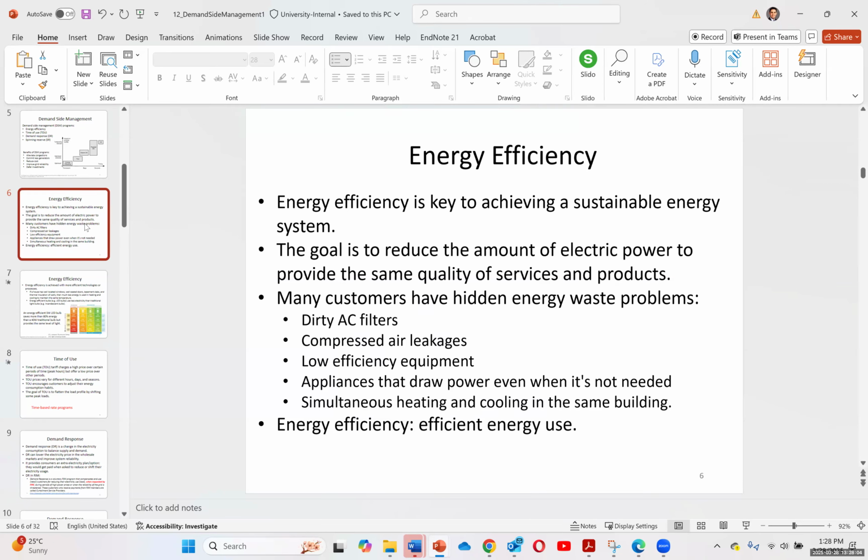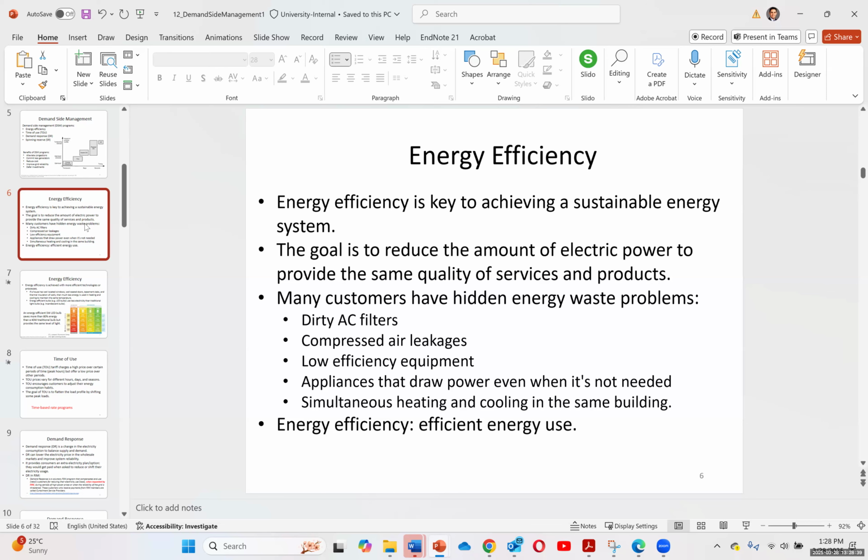The newer generations use brushless DC, which are more efficient. With the rise of heat pumps, the efficiency has increased significantly compared to the older generations, which just use a heating element. There's also compressed air leakage, low efficiency equipment like low efficiency lighting, and low efficiency appliances as well.